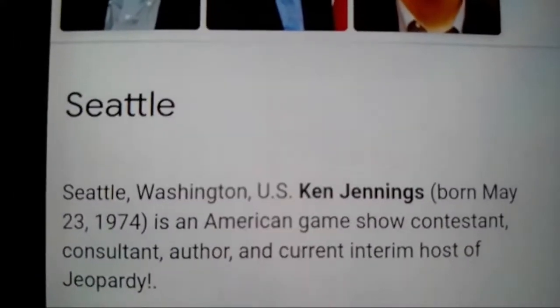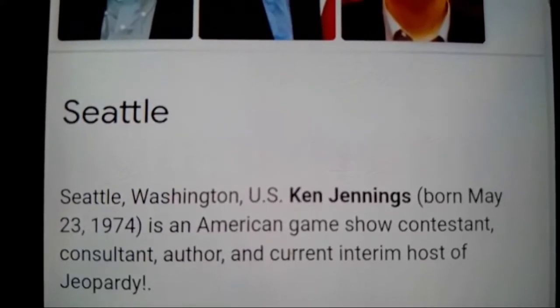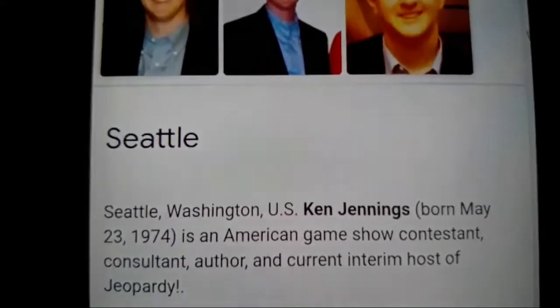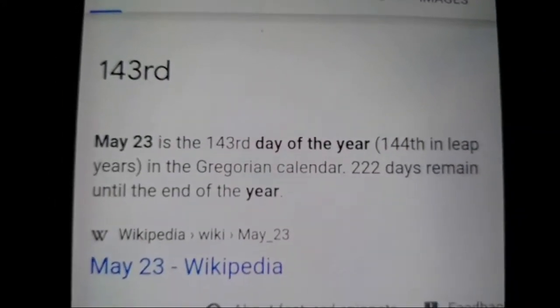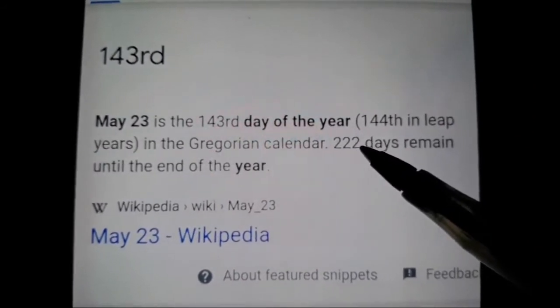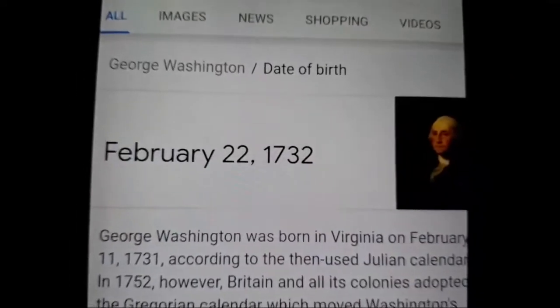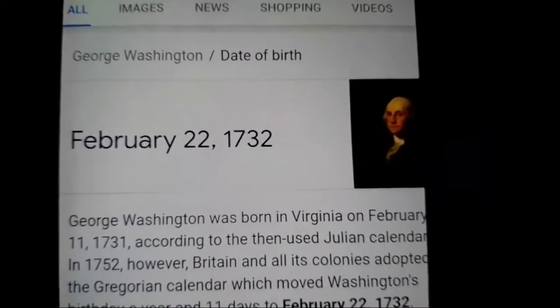He was born on 5/23, May 23rd, this Ken Jennings. And 5/23 is the 143rd day, and backwards it's the 222nd day, and 2/22 is Washington's birthday. So there's another connection, okay?